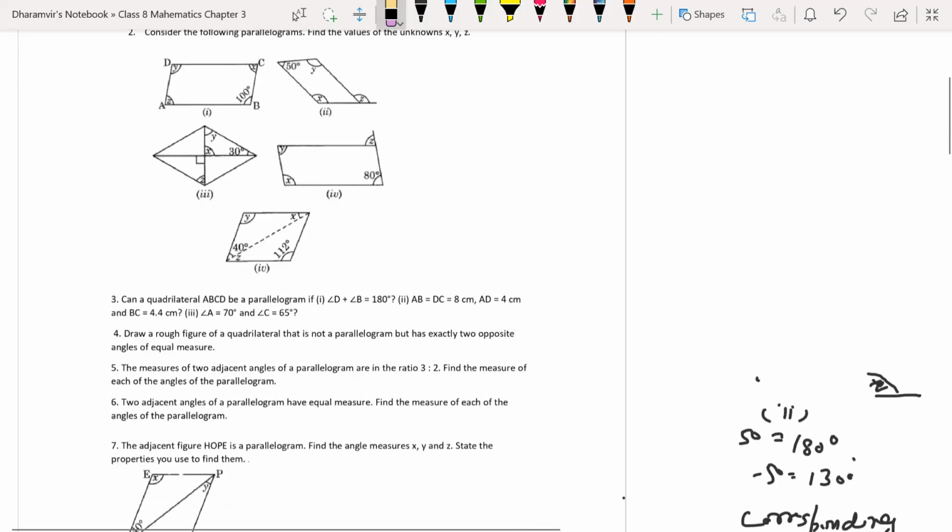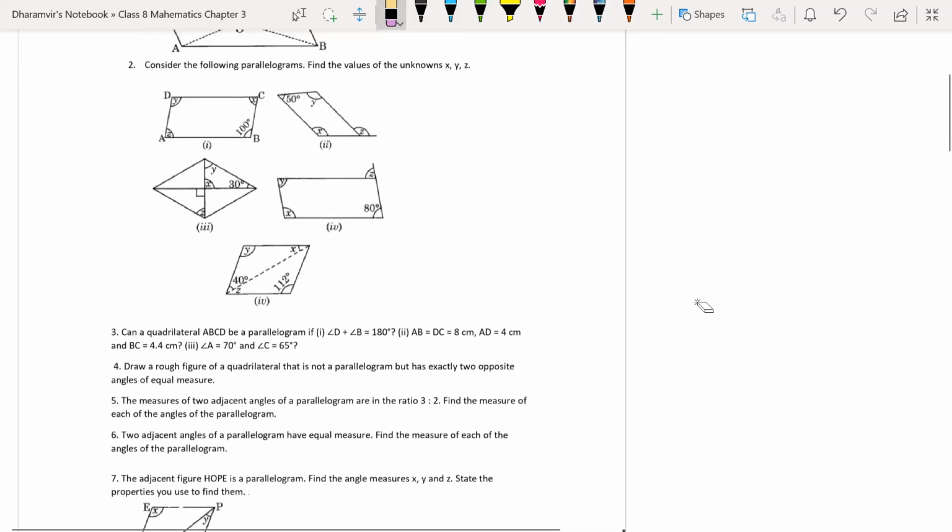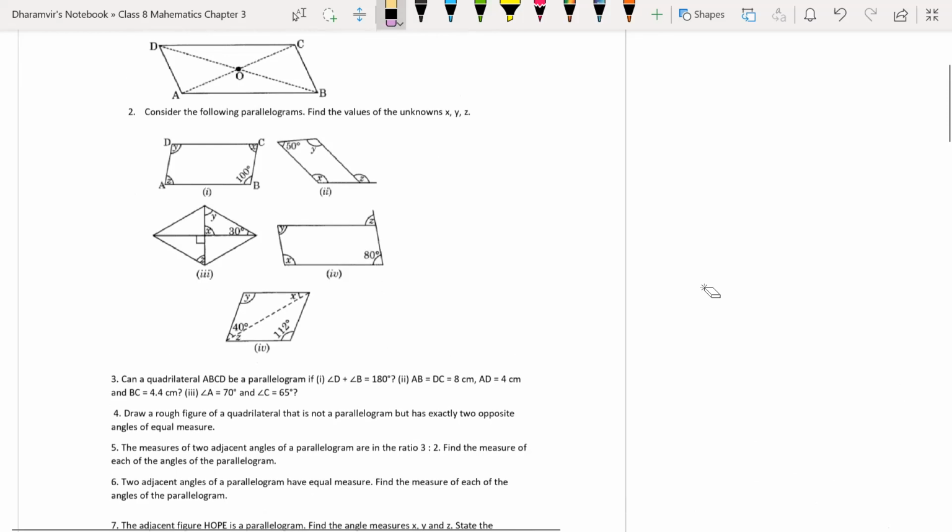Can any quadrilateral, which has 4 sides, be a parallelogram if angle B plus angle D is equal to 180 degrees? AB is 8, AD is 4, BC is 4.4, A is 70 and C is 60.